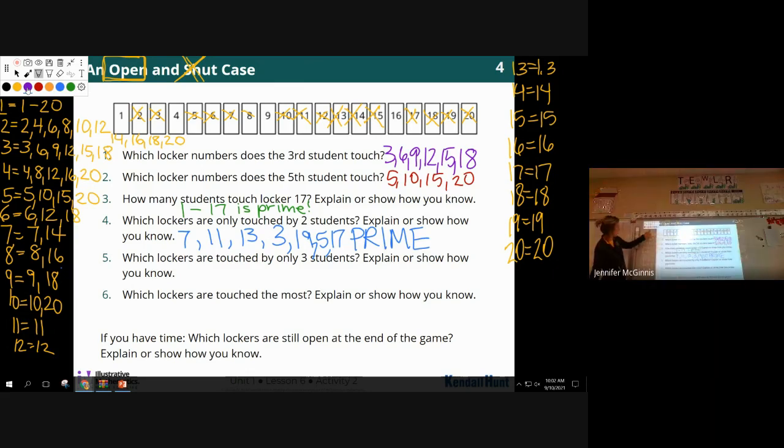10. Let's see. Every single number in the whole wide world has the same first factor, 1. Every single number in the whole wide world has the same last factor, itself. So 10 is here. 1, 2, 3, 4.